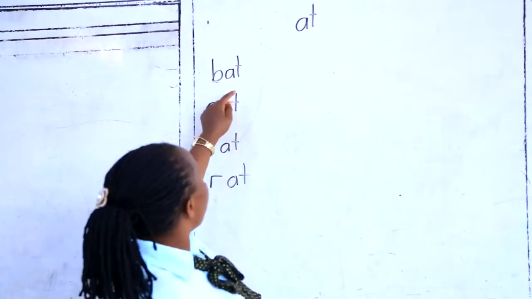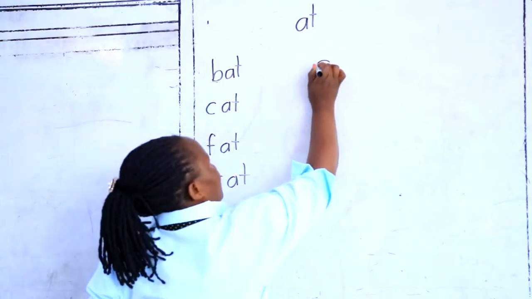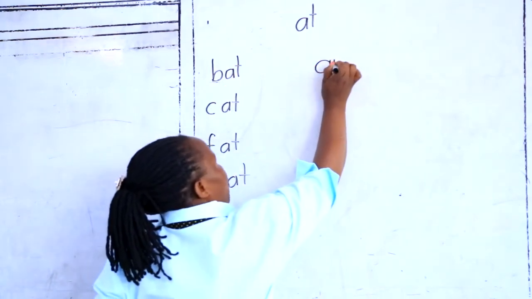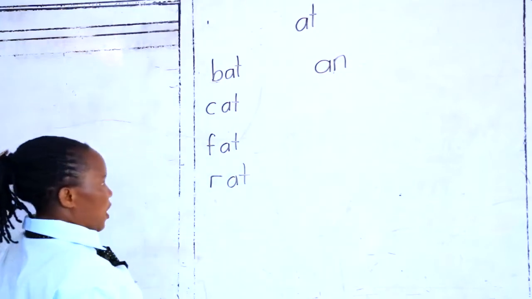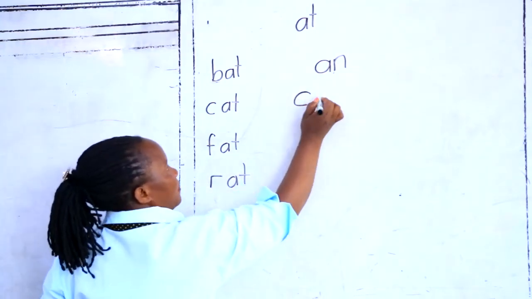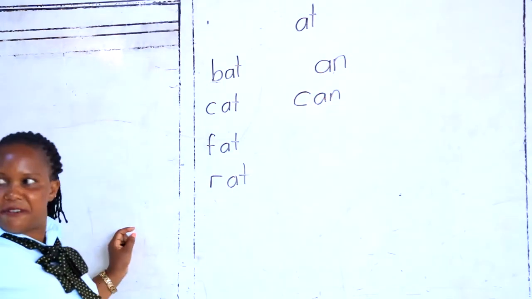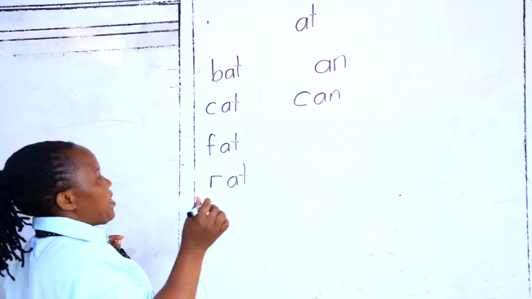They rhyme with at. If they tell us to write rhyming words with an, you can write can. Very good. An, can. And what else do you know? Fun.